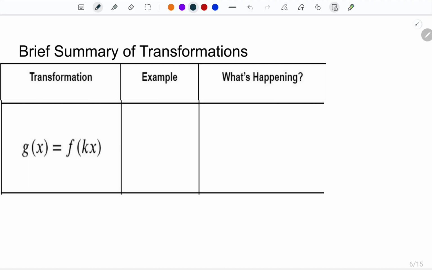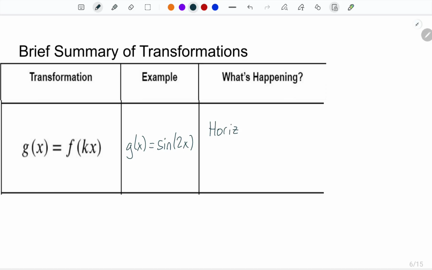We could have either vertical or horizontal stretches. So in this case, let's say we have a function sine of 2x. So the 2, the thing that's going to stretch this function, that is inside of the sine. So inside means it's going to be a horizontal stretch.